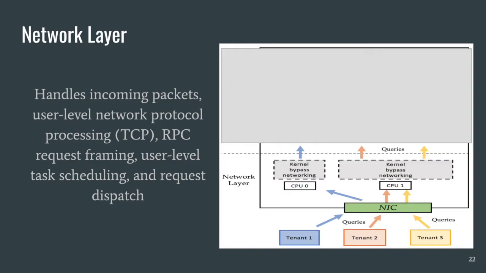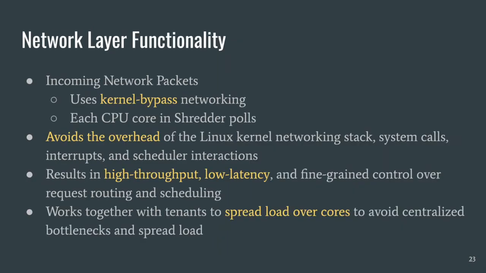This avoids the overhead of the Linux kernel networking stack, system calls, interrupts, and scheduler interactions, and it gives Shredder high throughput, low latency, and fine grained control over request routing and scheduling. The network layer works together with tenants to spread load over cores to avoid centralized bottlenecks.